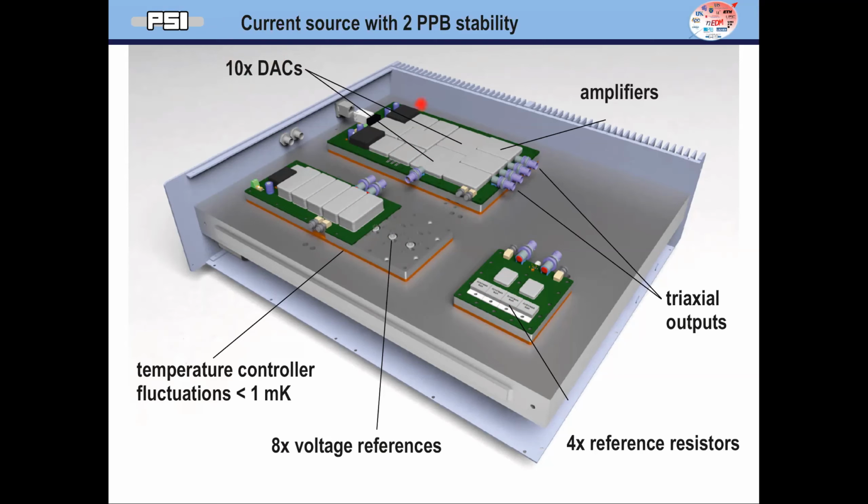And then the amplifiers themselves are the highest grade, and again, built with multiple components and in a very symmetrical way to suppress disturbances. And then finally, the output is also something special. It looks like a BNC connector, but it's a triaxial BNC connector. So this means in the center, you have a wire that carries the current to our coil.